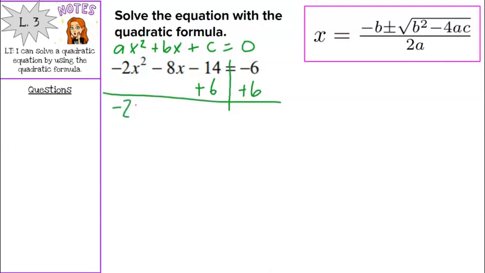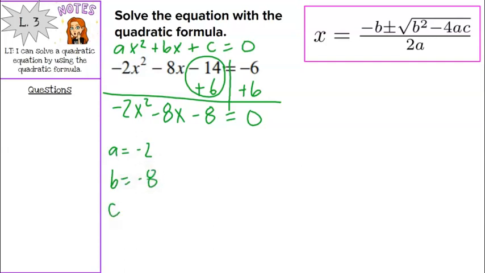We still have -2x squared, -8x. And I can put -14 and +6 together because they're like terms. So that makes -8 equals -6 plus 6 is 0. Now that I have my equation set equal to 0, I can do my a, which is -2, my b, which is -8, and my c, which is also -8.